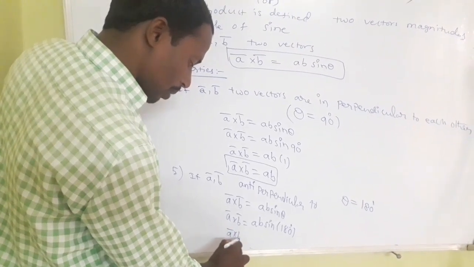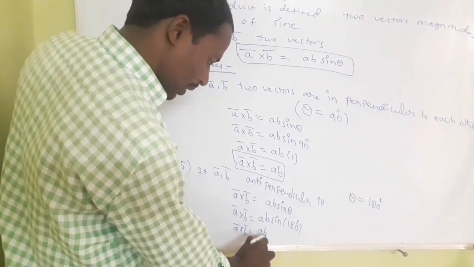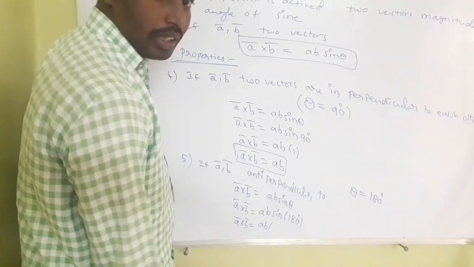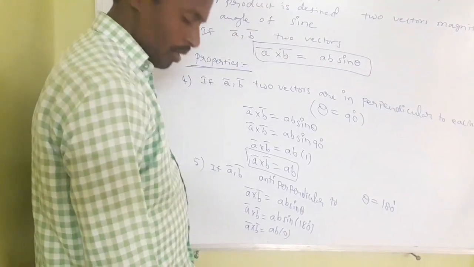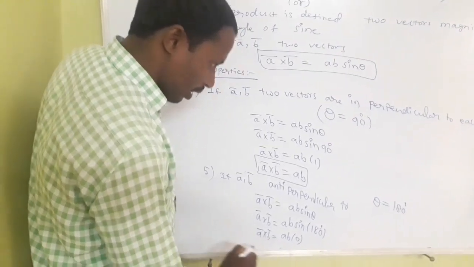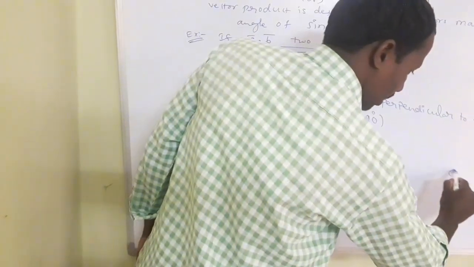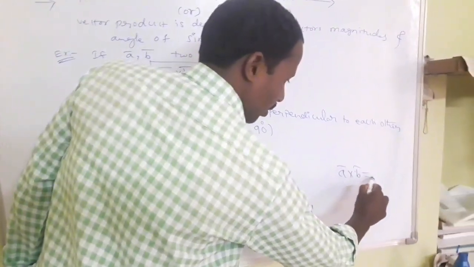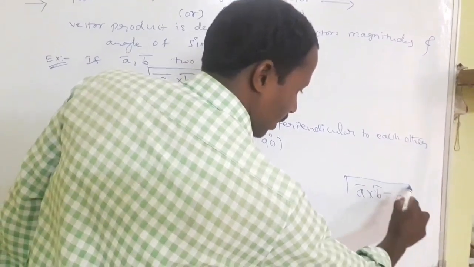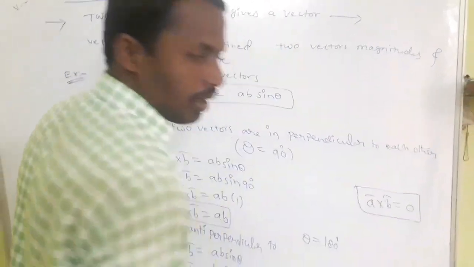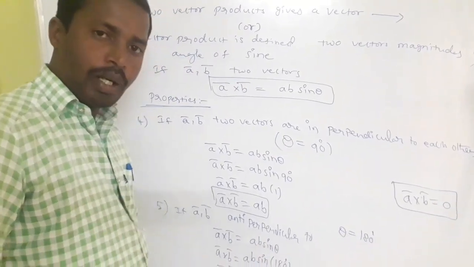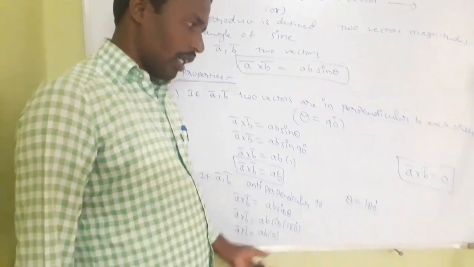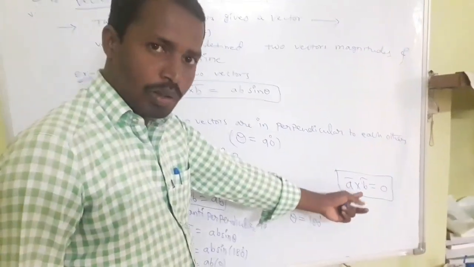Finally a bar cross b bar is equal to 0 when the two vectors are anti-perpendicular to each other. Then the vector product or cross product a bar cross b bar is equal to 0.